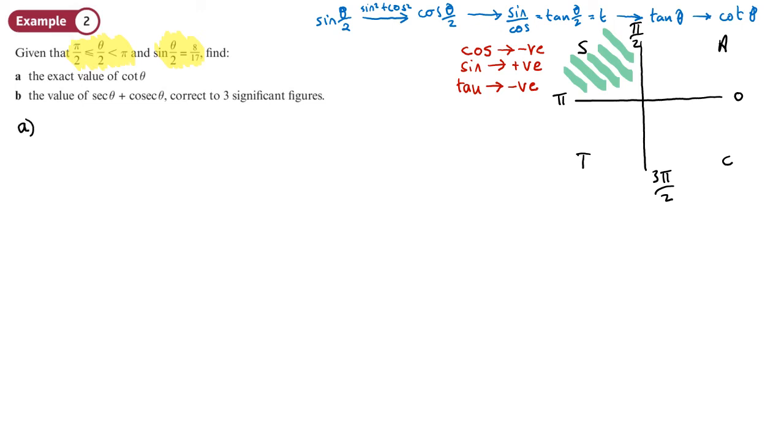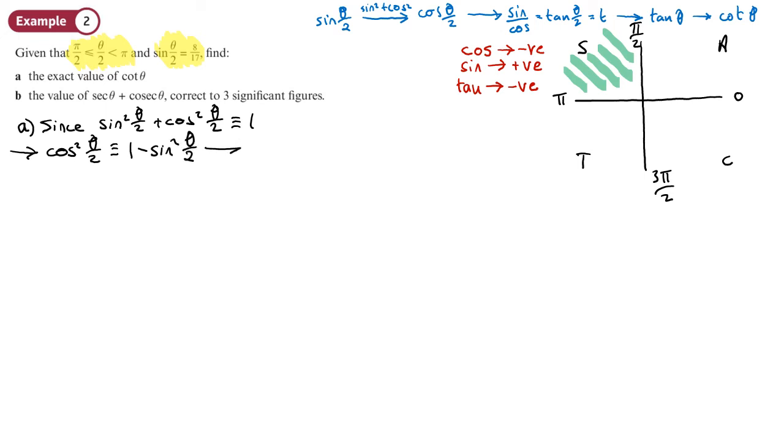So let's find cos theta over 2. So we can say sine squared theta over 2 plus cos squared theta over 2 is equivalent to 1. So from there, if we rearrange it, cos squared theta over 2 is 1 minus sine squared theta over 2.